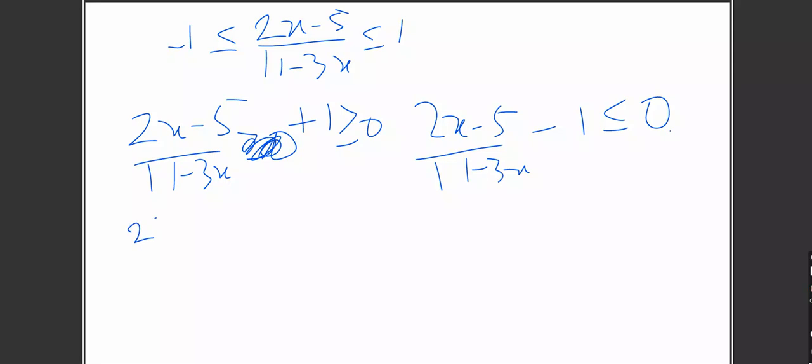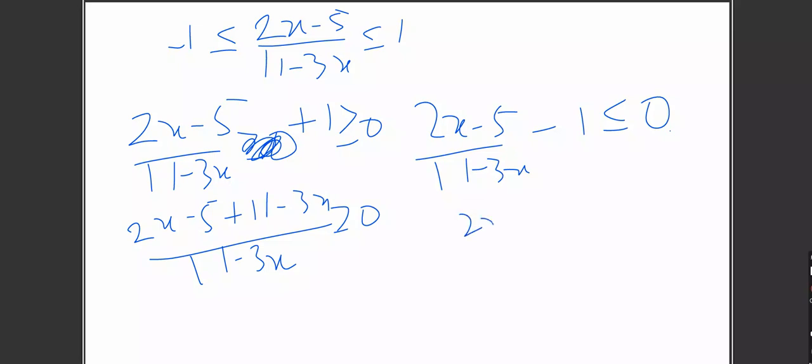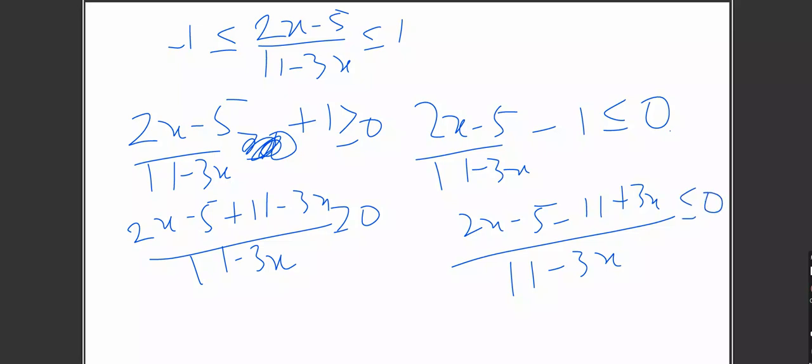So 2x minus 5 plus 11 minus 3x by 11 minus 3x is greater than or equal to 0. And for this, 2x minus 5 minus 11 plus 3x by 11 minus 3x is less than or equal to 0.